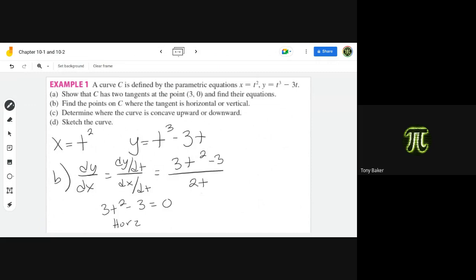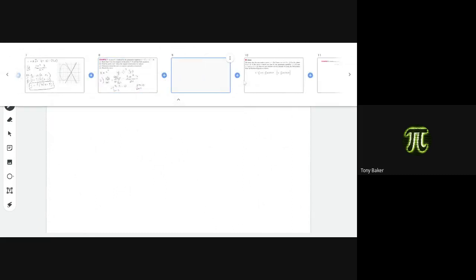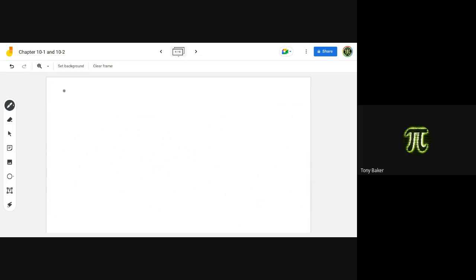What about my vertical lines? I would set the bottom equal to 0 because that's when things don't exist. That's when I have the vertical one. So I set my bottom equal to 0, and that's going to give me my vertical. So let's solve those. I have 3t squared minus 3 equals 0.